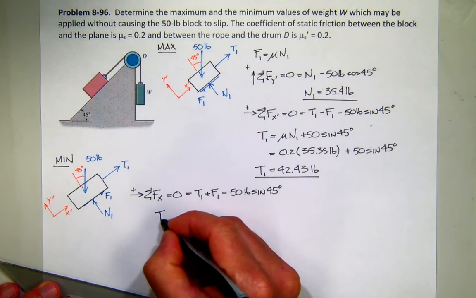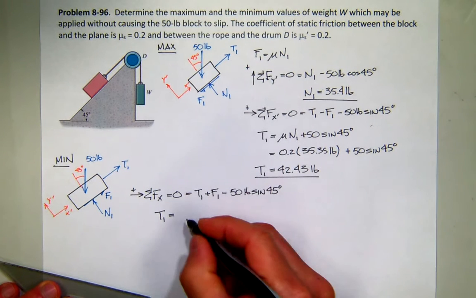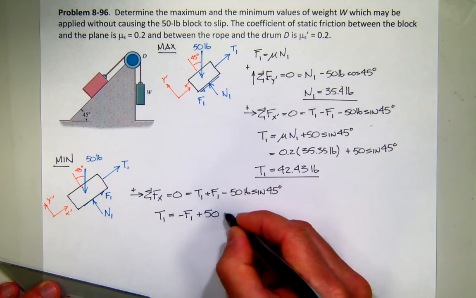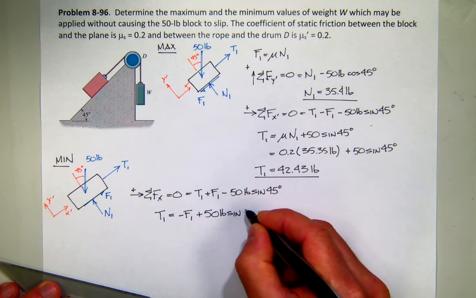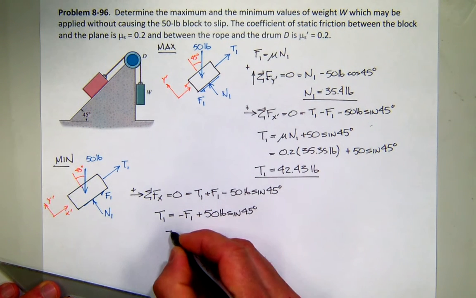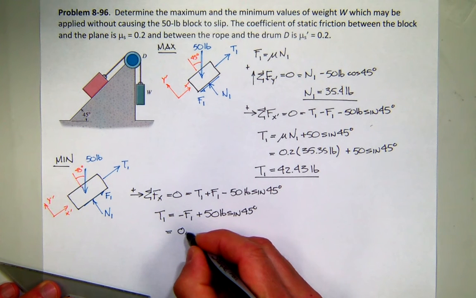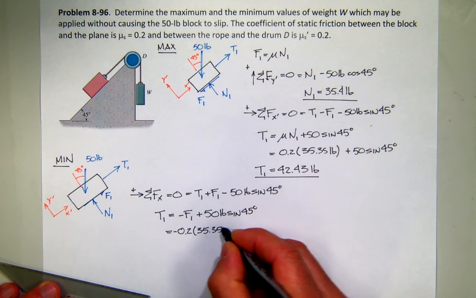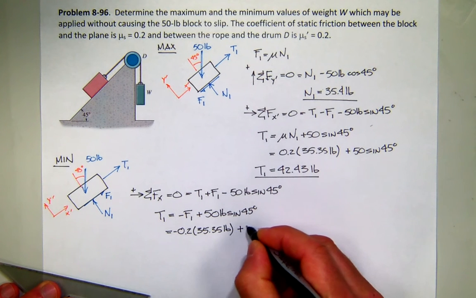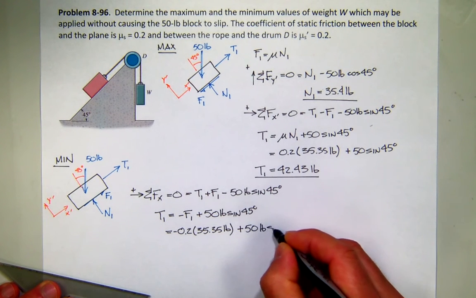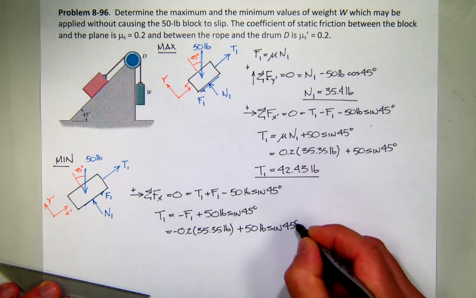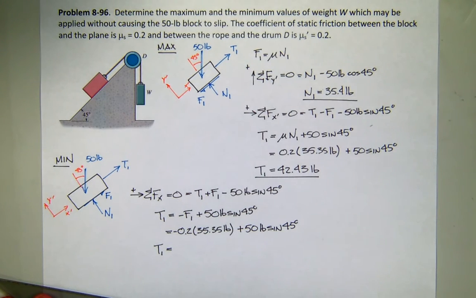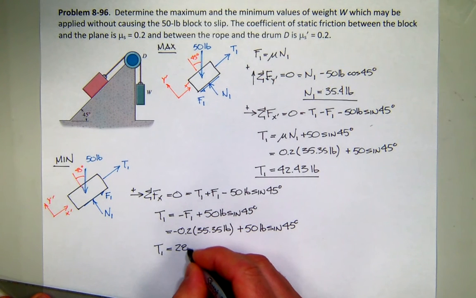So I can still solve for T1, except now it'll be minus F1 plus 50 pounds sine 45, which, letting it go to its max, will be minus 0.2 times 35.35 pounds plus that. Well, the terms are the same. I'm just going to get a smaller value. 28.29.